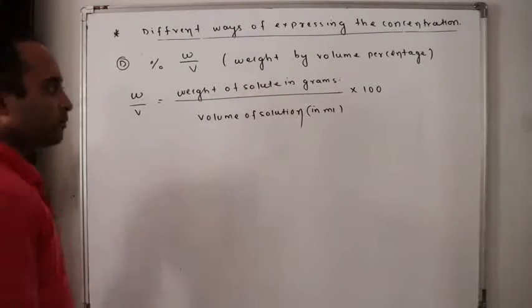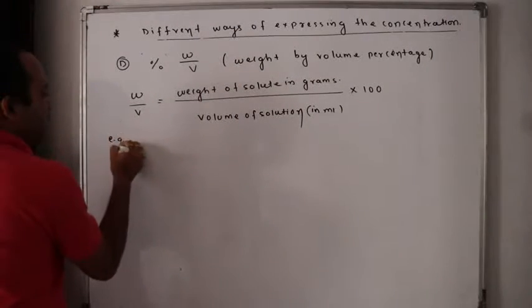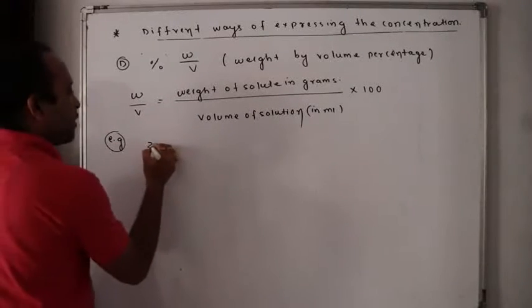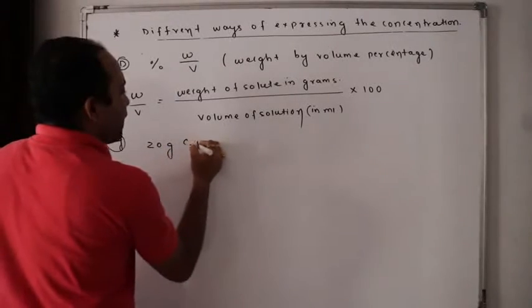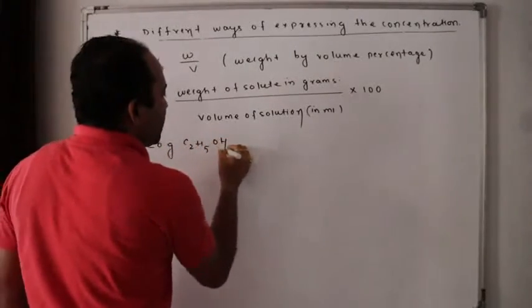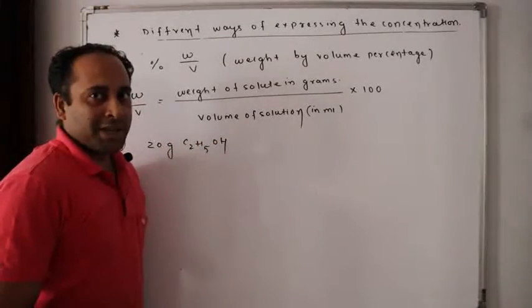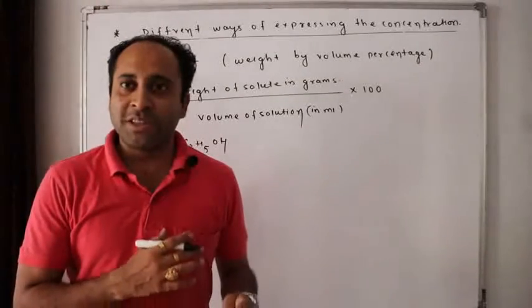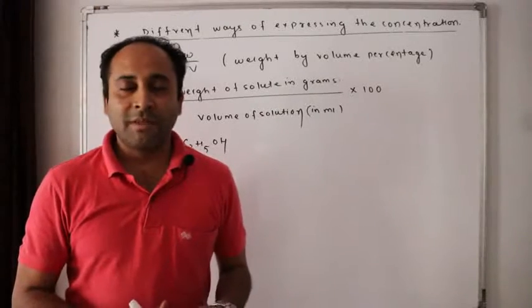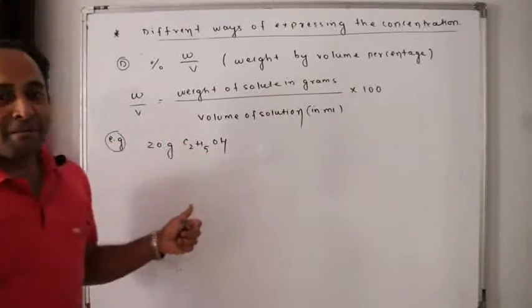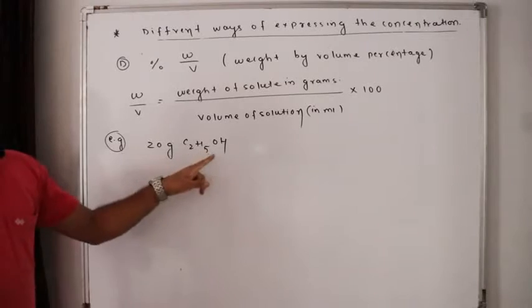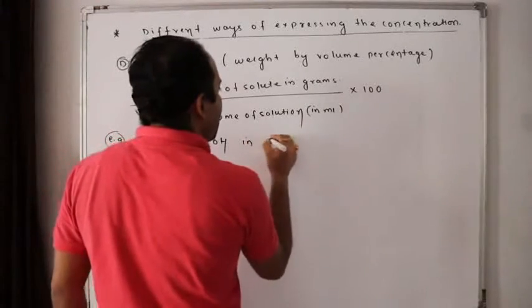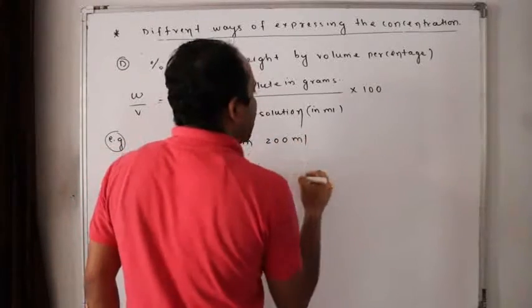Easy. Now, I will only be satisfied if I do an example for it. Example: if I say 20 gram of C2H5OH, ethanol, in 200 ml solution.